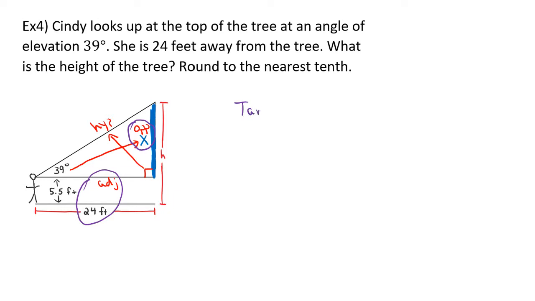So we're going to have tangent of 39 degrees equals x, opposite over adjacent. And now we're going to go ahead and solve for x by multiplying both sides by 24. The 24s are going to cancel out there, so we have 24 times tan 39 equals x.